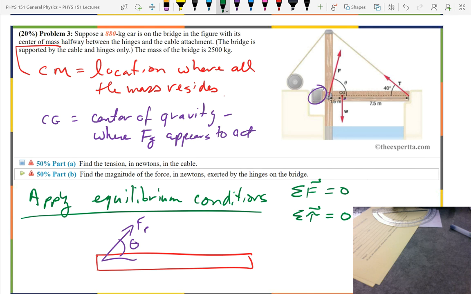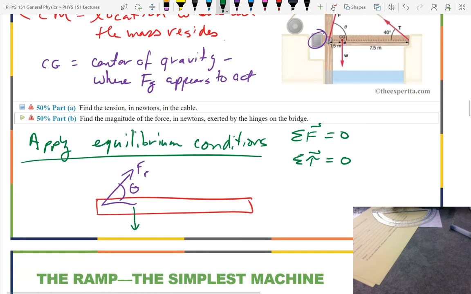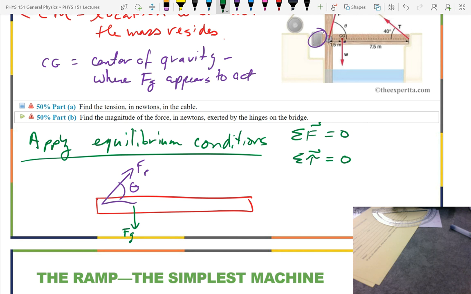Okay, of the bridge. And the force of gravity of the bridge is shown here. So here I have force of gravity bridge. This distance here is 1.5 meters.